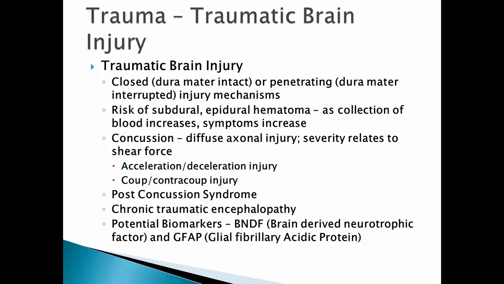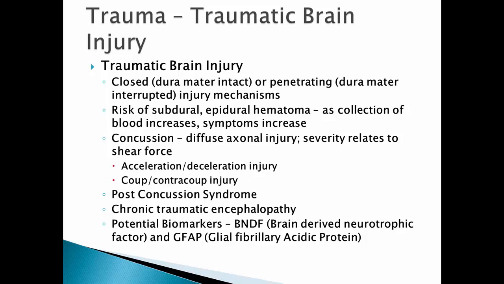With a coup injury, the blow to the head and the injury to the brain are on the same side. With the contra coup injury, the blow to the head and the injury to the brain are on opposite sides. Think about a motor vehicle accident.